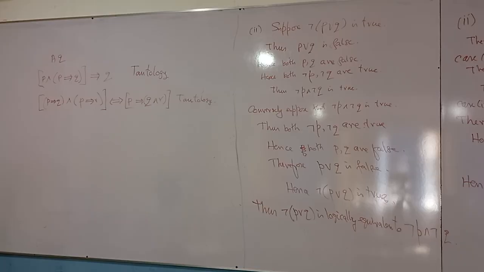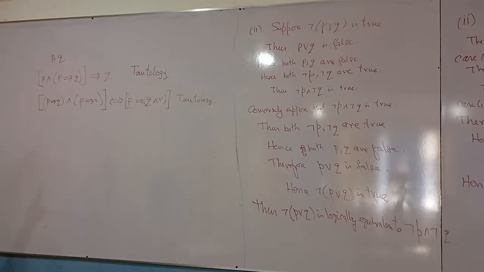I mean, intuitively you feel it, no? First one, for instance, we know that P implies Q. If P is true, then Q must be true. So that's how we need to look at it. P implies Q. Since P is true, therefore Q must be true. I'm not writing it as a proof.